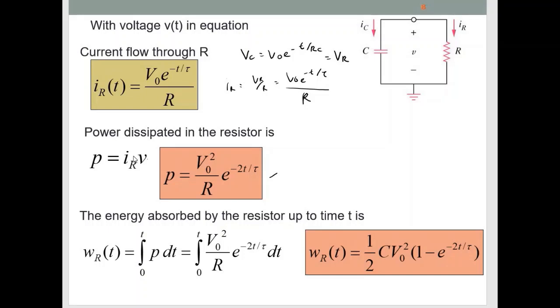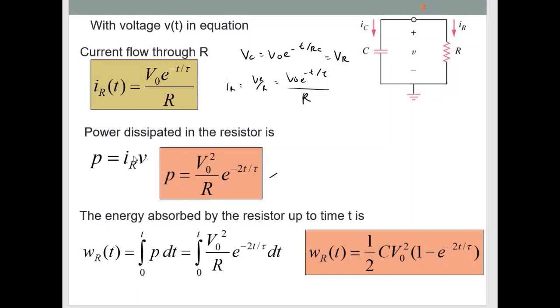And then for the energy absorbed by the resistor up to time t, the symbol here W stands for work, but it is the same as energy. So energy over time, we integrate P over dt to find energy. It is the same formula, t from 0 to t, and we can use power here, V0 squared over R e^(-2t/tau), just V here replaced by V0 e^(-t/tau) based on this one.